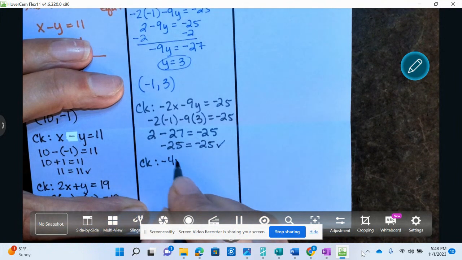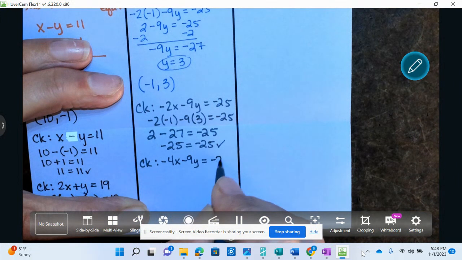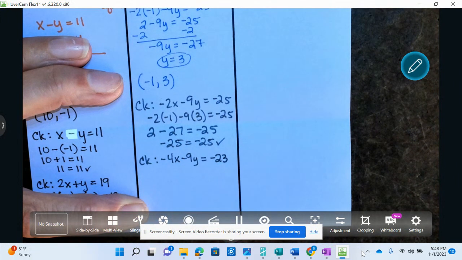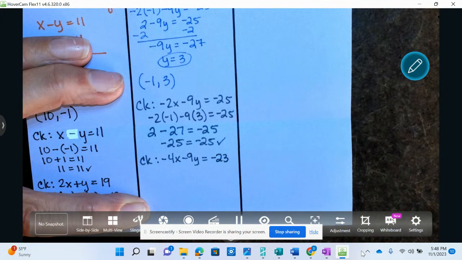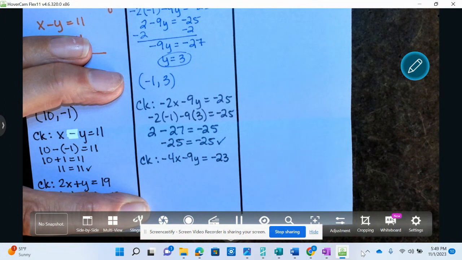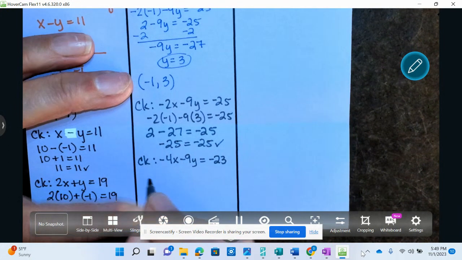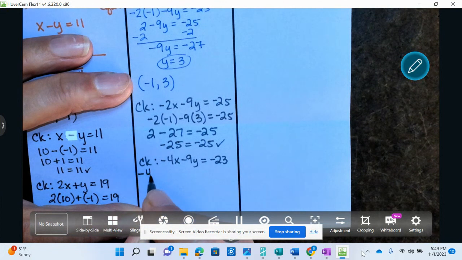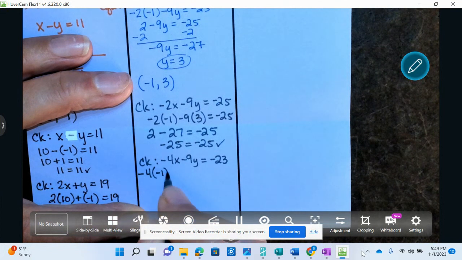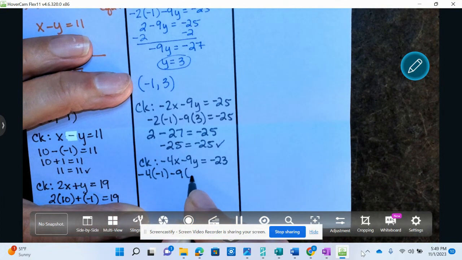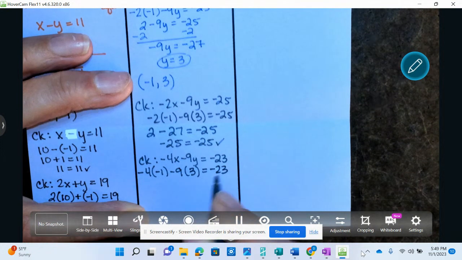Let's look at our second equation. Negative 4x minus 9y equals negative 23. Notice that when I do the checks, I always substitute my values into the original equations. Negative 4 times, well, x is negative 1, minus 9 times y is 3, equals negative 23.